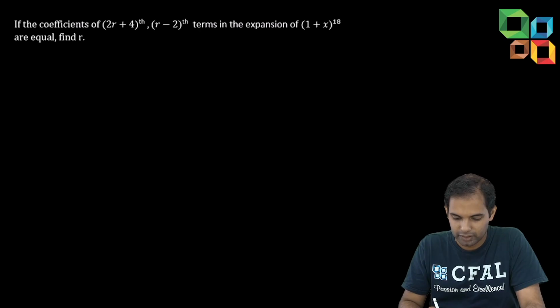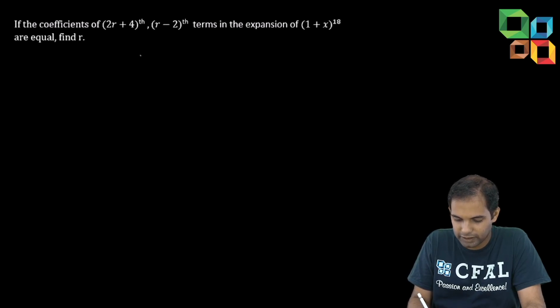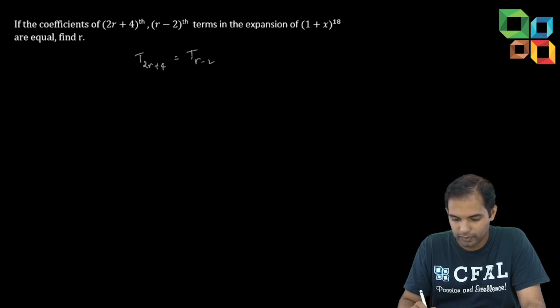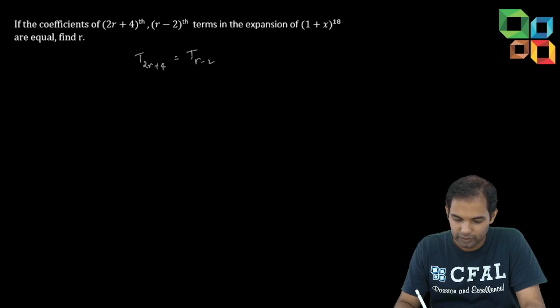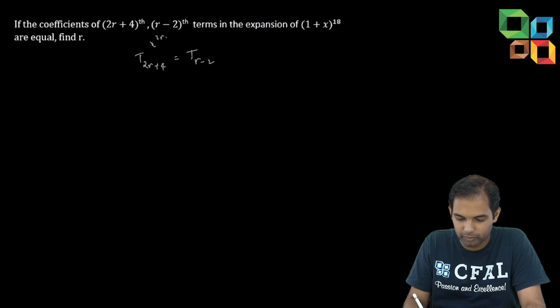Now the coefficients of this term and this term are equal. What do you mean by coefficient of the terms? Look at it. In the term T 2r plus 4 and T r minus 3, I'm not comparing the x power, only the coefficient. This would be x power 2r plus 3 maybe.